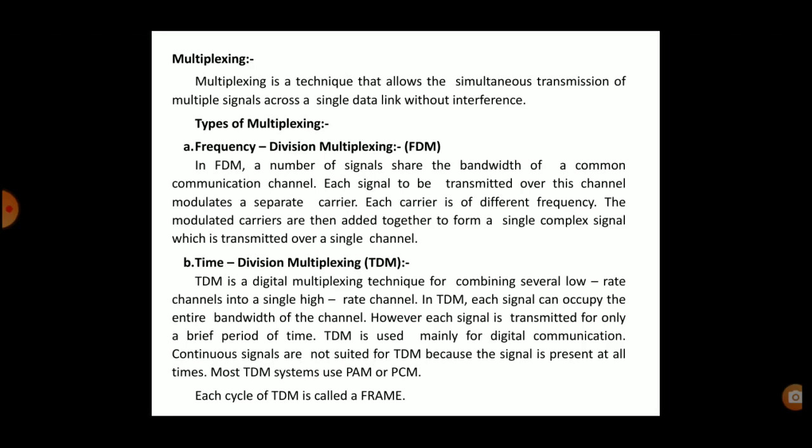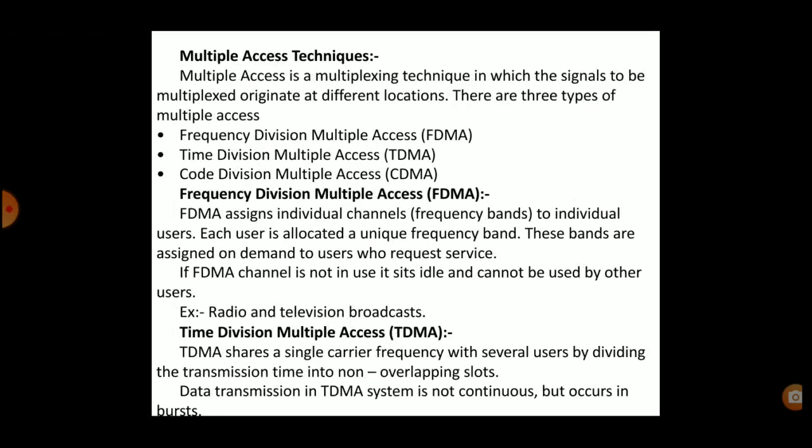However, each channel is transmitted for only a brief period of time. TDM is used mainly for digital communication. Continuous signals are not suited for TDM because the signal is present at all times. Most TDMs use PAM or PCM. Each cycle of TDM is called a frame.